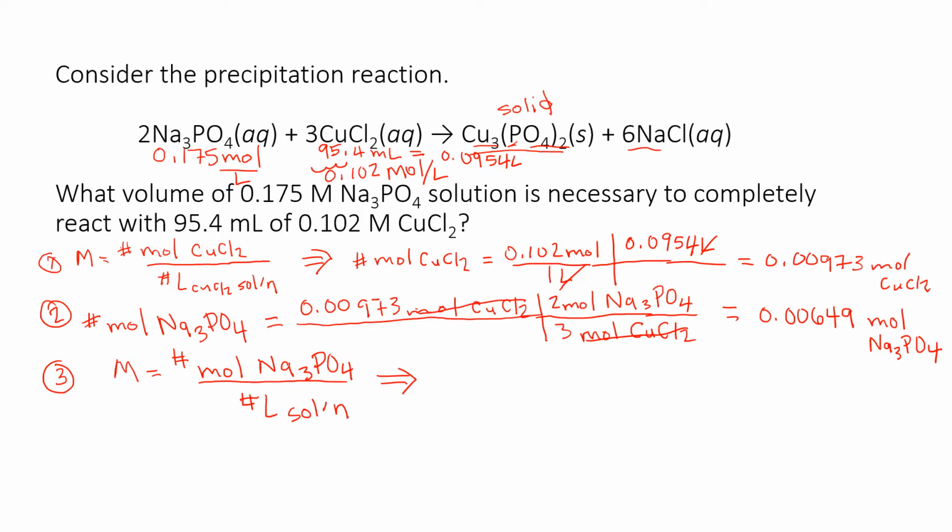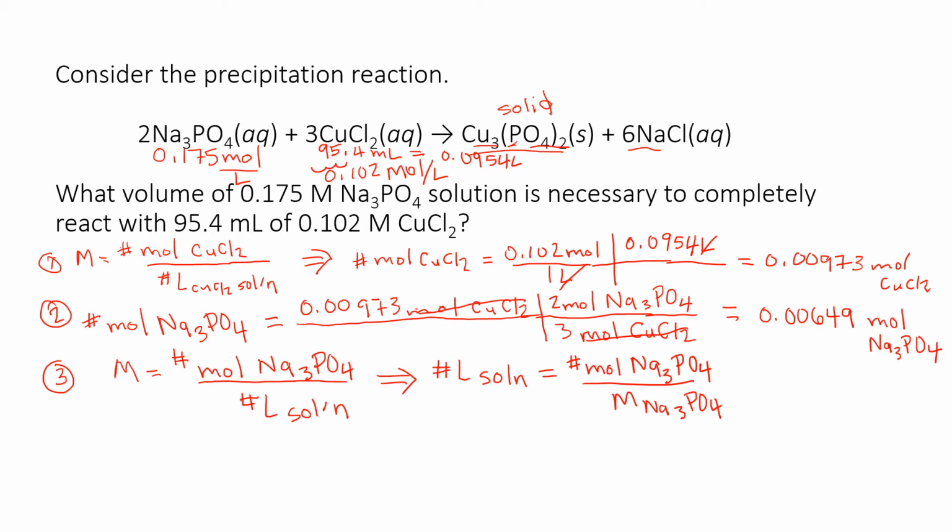So if we want to get the number of liters of sodium phosphate solution, we simply will take the number of moles of our sodium phosphate solution and divide that by the molarity of the sodium phosphate solution. Okay, so let's do that.